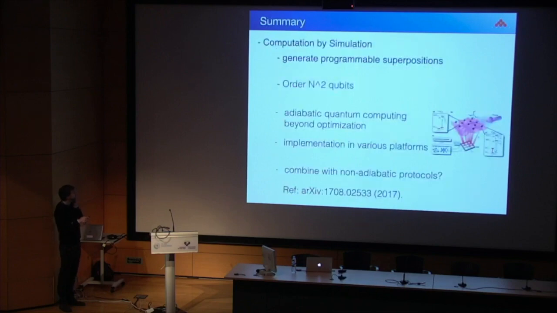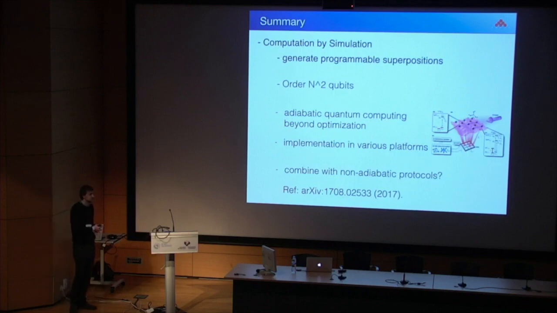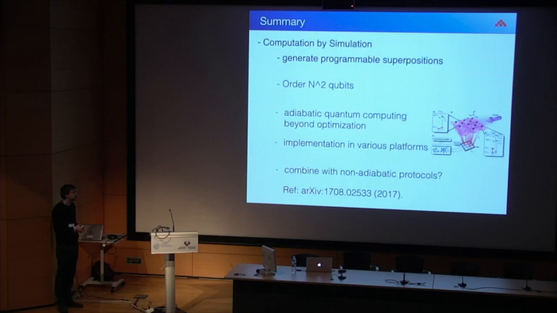So I think this is quite an interesting direction, because making a QRAM is such an important tool that some consider it, so to say, the starting point for many algorithms. It turns out that if you have a QRAM, then you have exponential speedup.